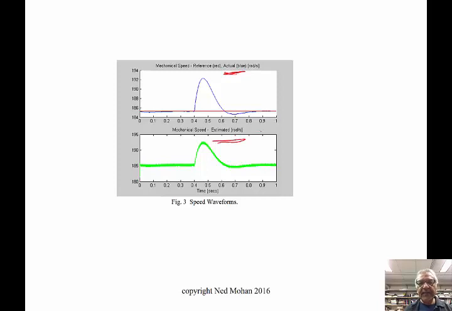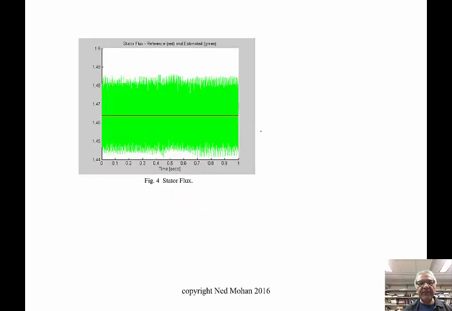Okay, so they also look pretty much the same, and this is what's happening to the stator flux linkage vector amplitude over here, and you can see that this red is the reference value, I should say, and then the estimated value is in green here. So that's within a tolerance band, you can see here.